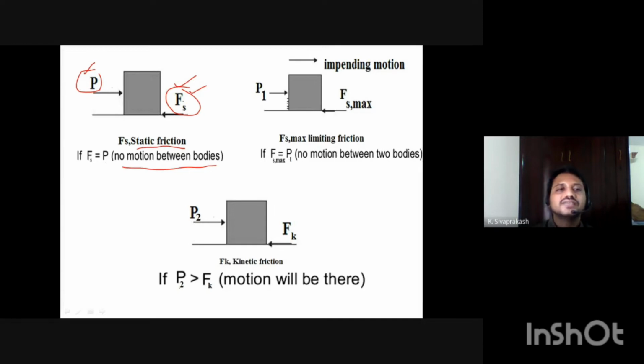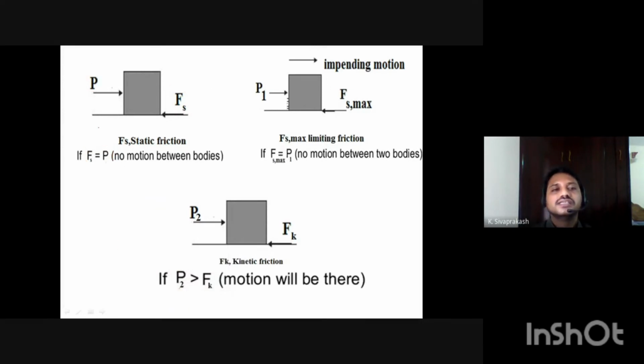So the external force is equal to the frictional force, then there is no motion of the body, then it is under equilibrium condition. This is the static friction condition. In the static friction condition, Fs equal to P, where Fs means static friction and P means external load. See, both are the same. Okay. Now let us move to the second case.